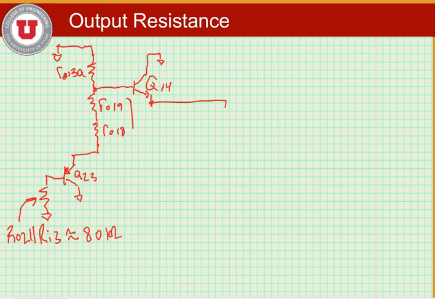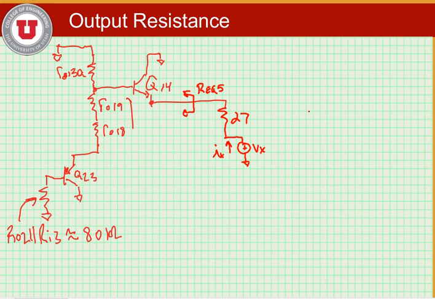So to find the output resistance, we're going to note that we have a 27 ohm resistor that's going to be in series with the equivalent resistance that we see looking into Q14, which we'll label REQ5. So we'll put our test voltage source into the circuit, measure the current flowing through that voltage source, and we can find the output resistance of our 741 op amp.